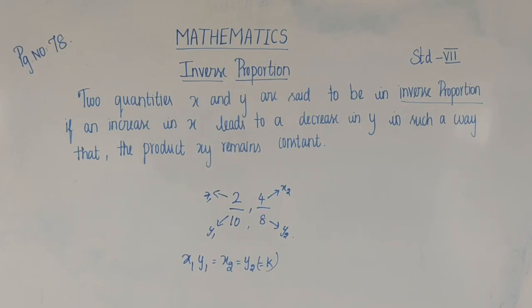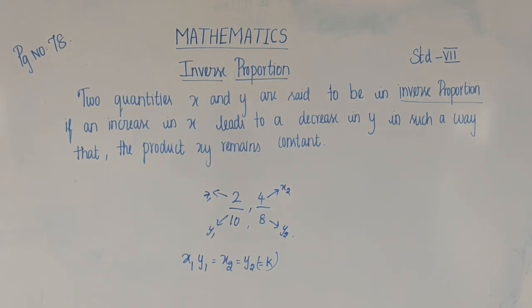Students, can you understand inverse proportion? Again I say, what is inverse proportion? Two quantities x and y are said to be in inverse proportion if an increase in x leads to a decrease in y in such a way that the product xy remains constant.